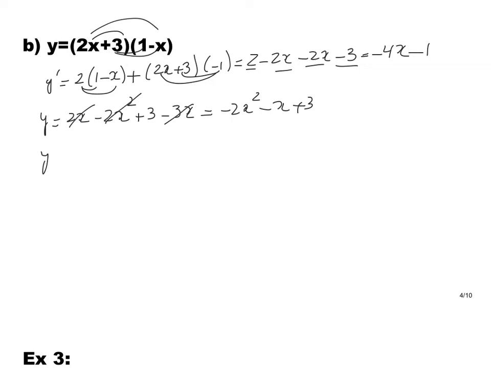Now the derivative y prime is negative 2 times 2x, since the derivative of x squared is 2x, negative x gives negative 1, and 3 gives 0. So the answer is negative 4x minus 1, which is exactly what we got previously.